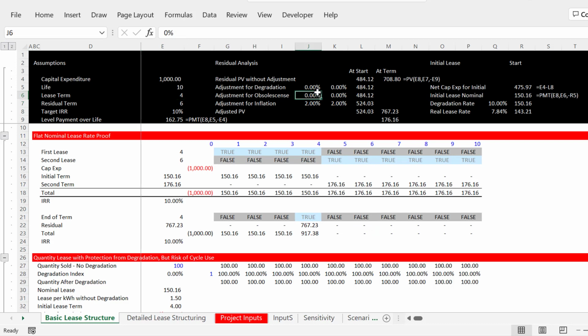And if you're trying to explain this to somebody, I would try to do something like this. So without inflation, we get 162. With inflation, we can give you a lower upfront lease because we're going to get a higher nominal value of a residual.